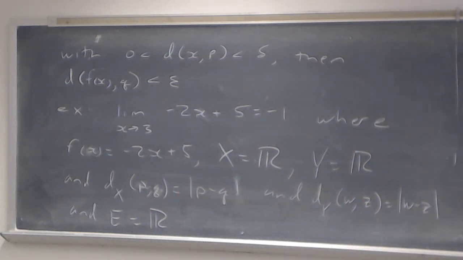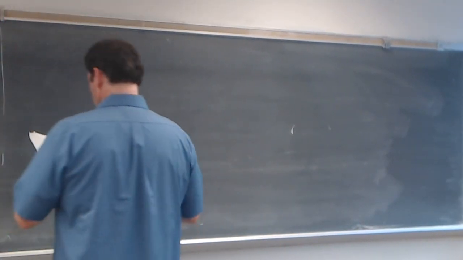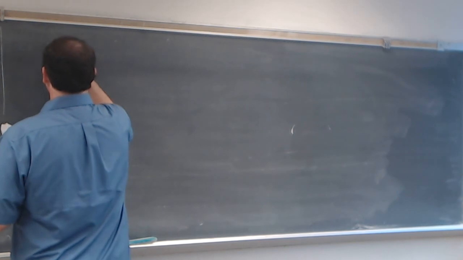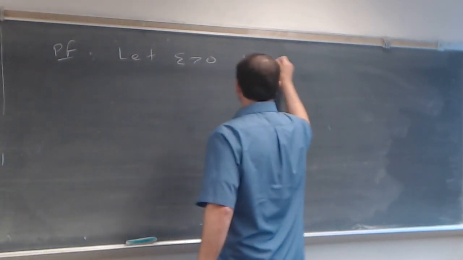Okay, so we want to prove this limit is minus 1. Okay? So here's the proof. We let epsilon be greater than 0 be given.